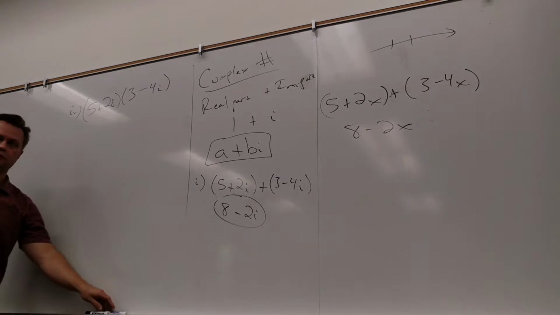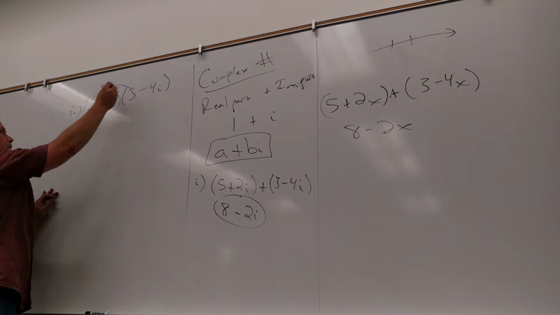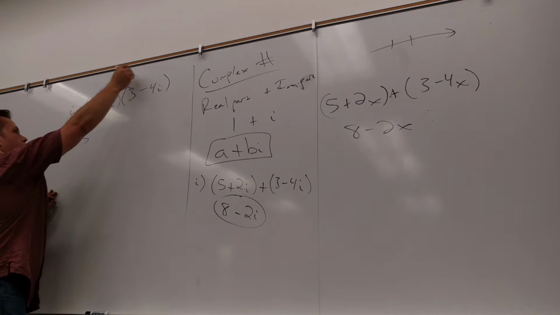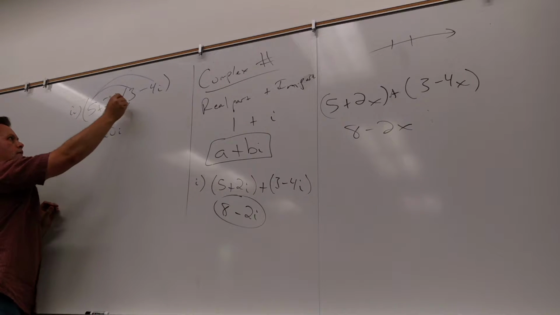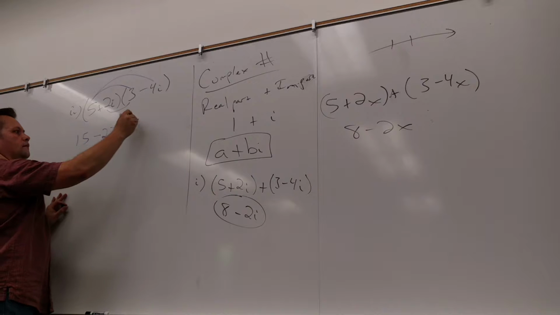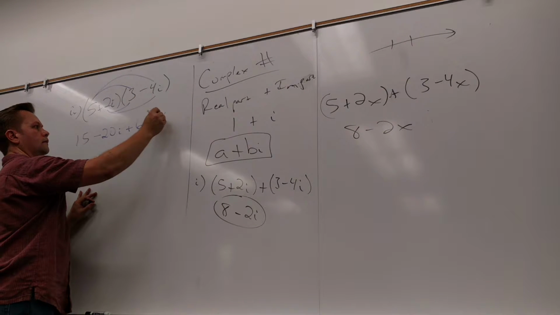So the first couple steps, old news. What do you get? Minus 10x plus 6. Minus 8i squared.